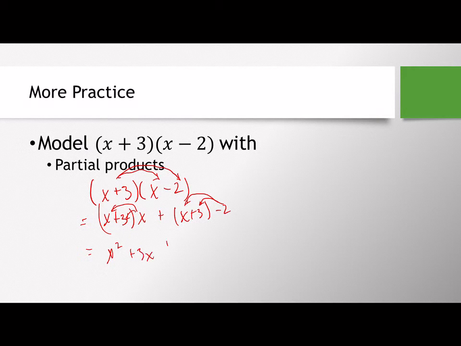Then we get our negative 2x, negative 2 times 3 is negative 6. So we have x squared plus 3x minus 2x. So those are x squared plus x, and then minus 6.